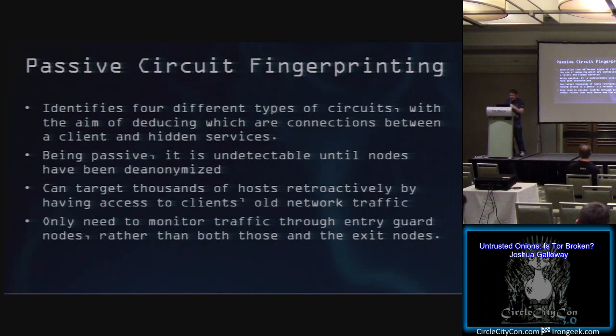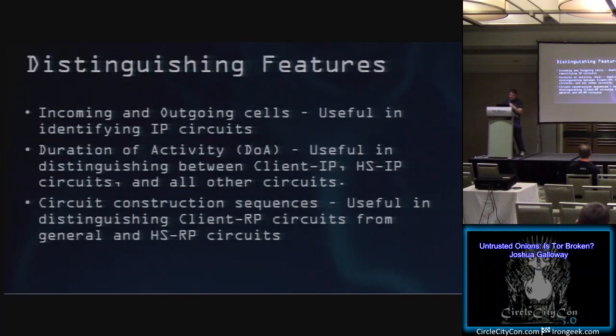And how it does this is there are certain distinguishing features between the circuits, and these are the number of incoming and outgoing cells. And cells are, I think, 512 byte units that Tor uses. The duration of activity of the circuit is very different for different types of circuits, and the circuit construction sequence is different.